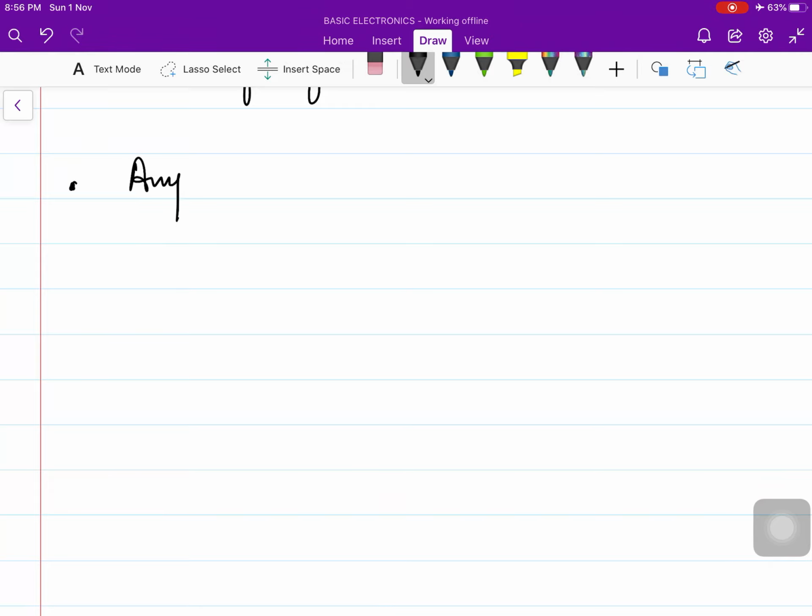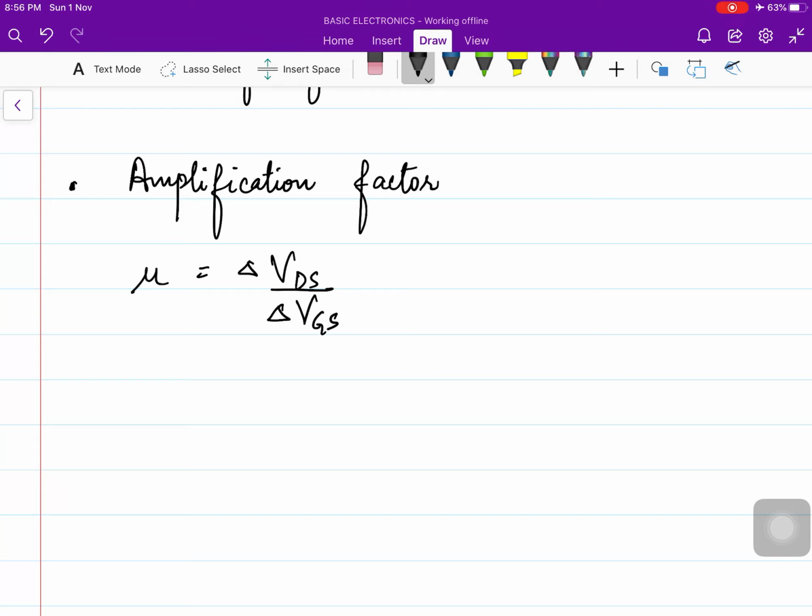Now let's move on to the other parameter, and that is amplification factor. What is amplification? Always output upon input. Now here you have two voltages, so it will be given in the form of output voltage upon input voltage, so delta VDS upon delta VGS.